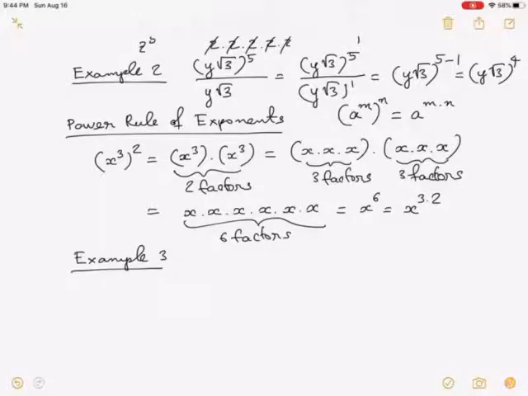Okay, take example 3. 3u to the power 4, raised to the power 3. This is 3u to the power 4 times 3. So this is 3u to the power 12.